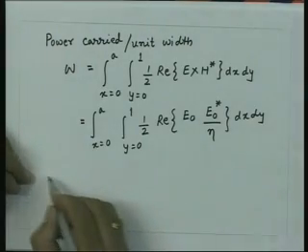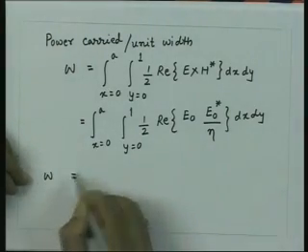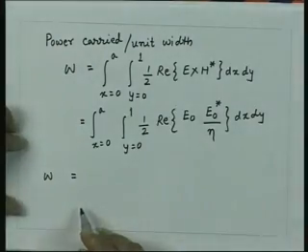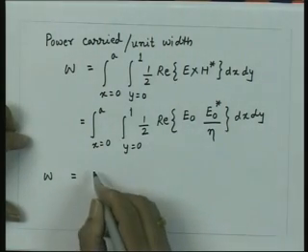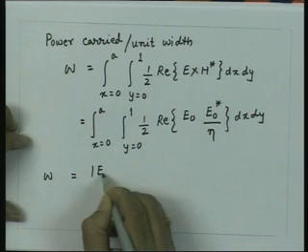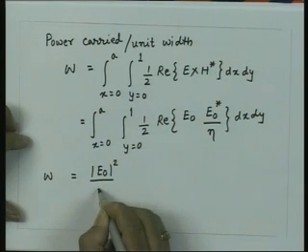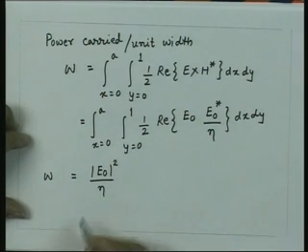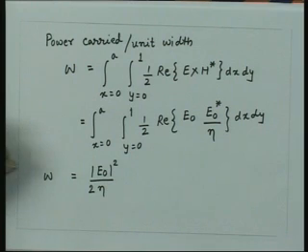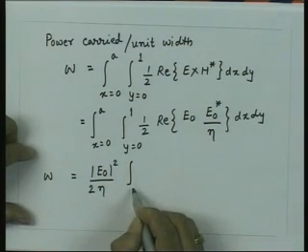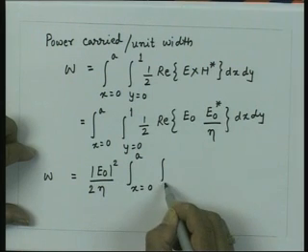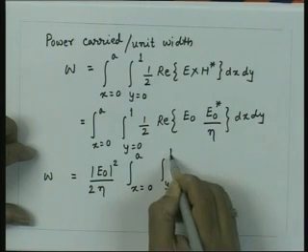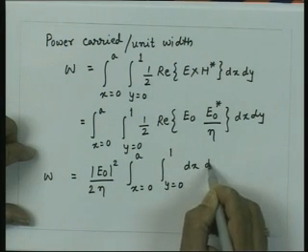So, the total power per unit width of the waveguide, that is, this quantity is constant. So, you get |E0|² upon eta, 2 times the integral x equal to 0 to A, y equal to 0 to 1, dx dy.